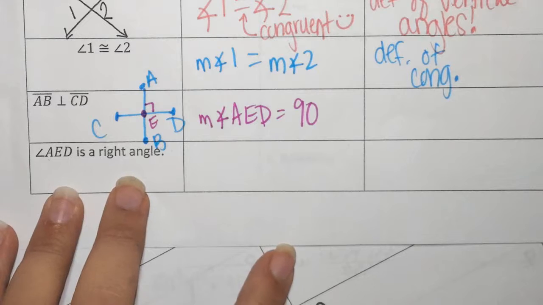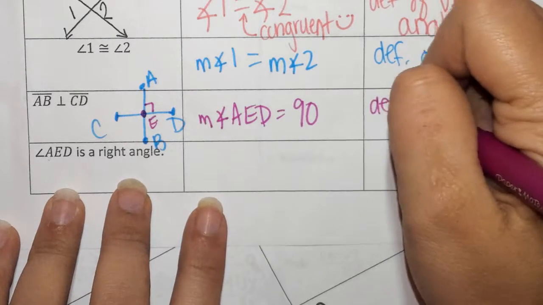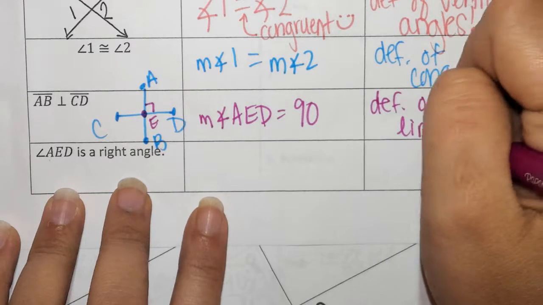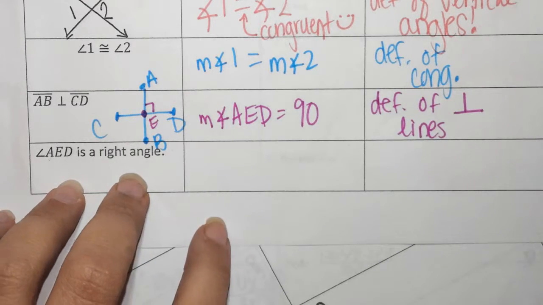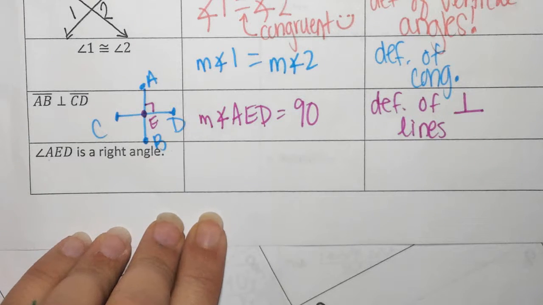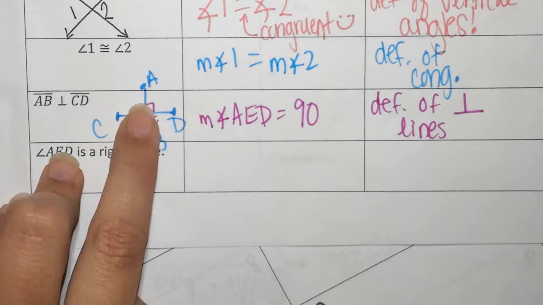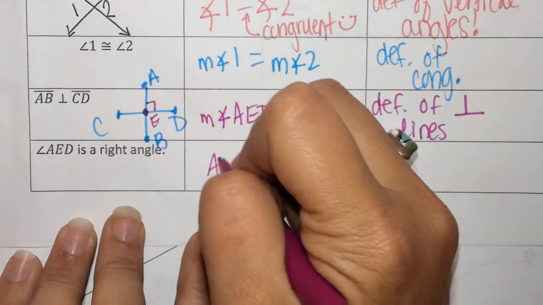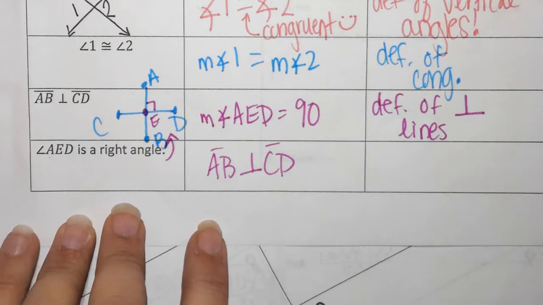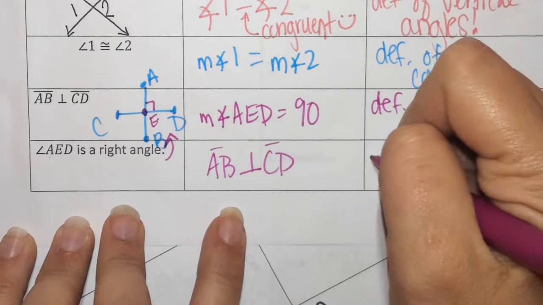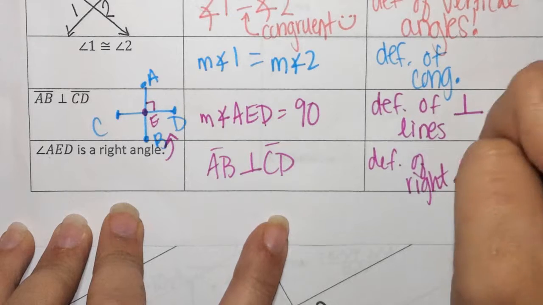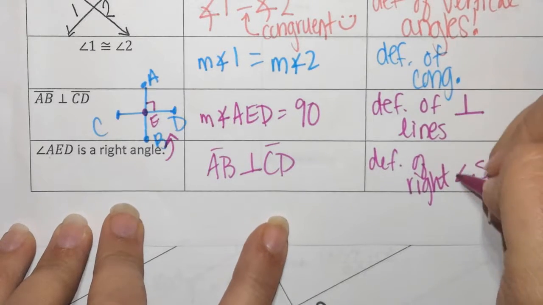And this is the definition of perpendicular lines or segments, rays, etc. Alright, so if angle AED is a right angle, then that means that AB is perpendicular to CD. It's using this drawing. And that is the definition of right angles.